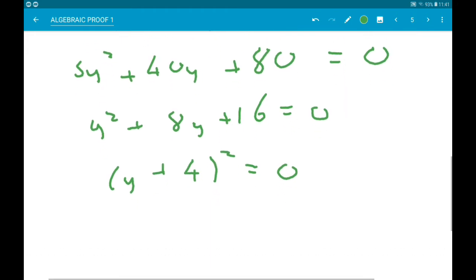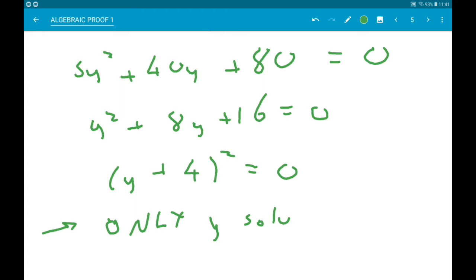Therefore, the only y solution is minus 4. Now, we could stop there and say, because there's only one y solution, there will only be one x solution, therefore the line is indeed tangent.